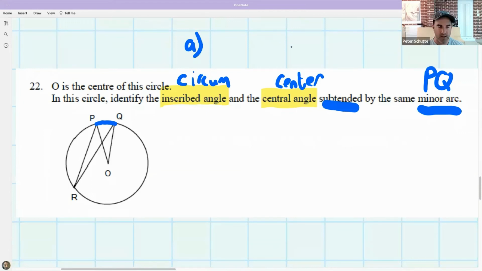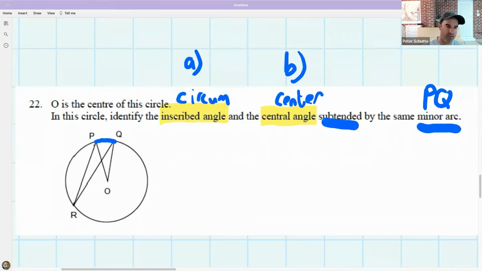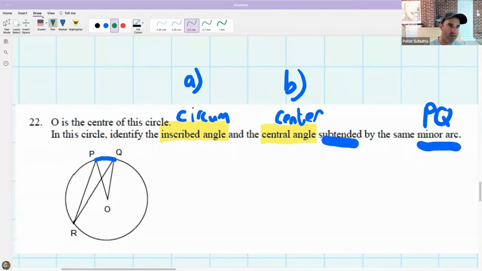We'll call this A and this B now. But just think about it. P and Q are the 2 points that I'm using to form my angle. If I formed an angle at the circumference, what would that look like?